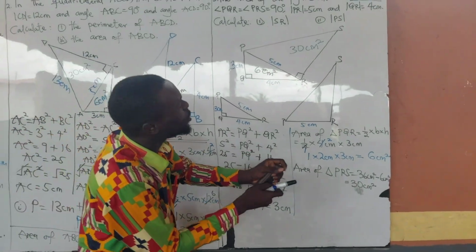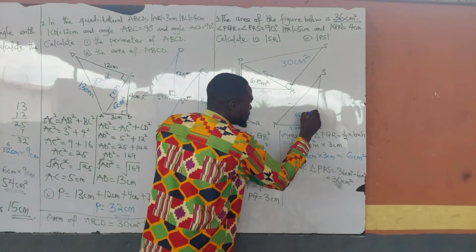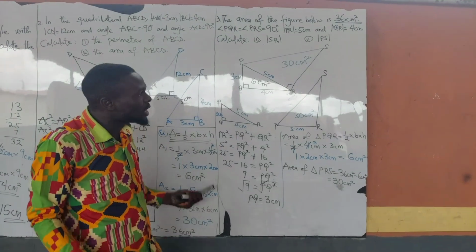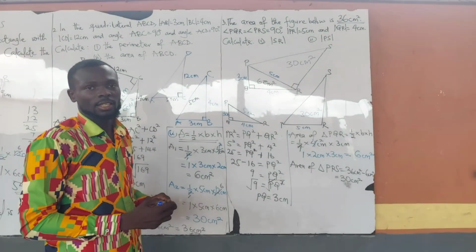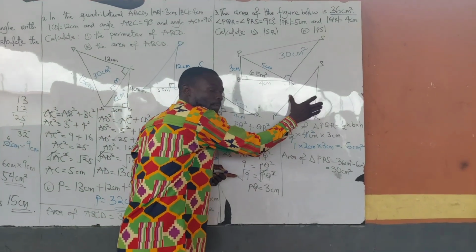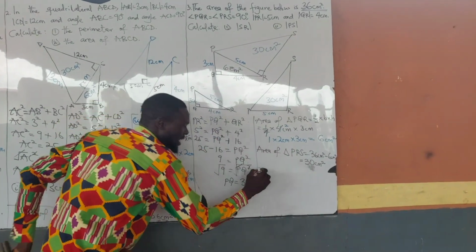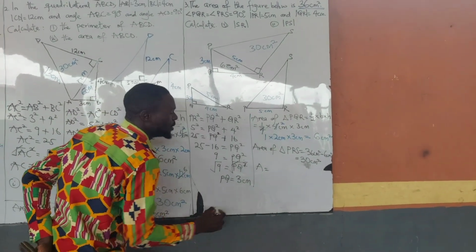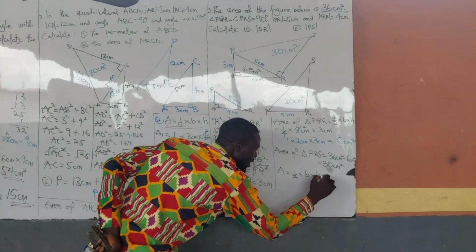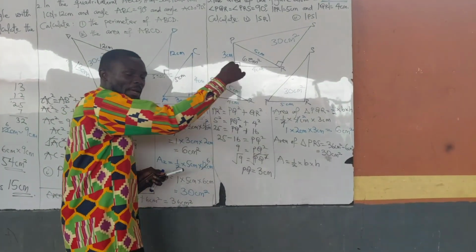Now, how can I calculate SR? This is the area, 30 centimeters squared. Now, assume you are calculating the area of this triangle. Then the area is going to be half times base times height.